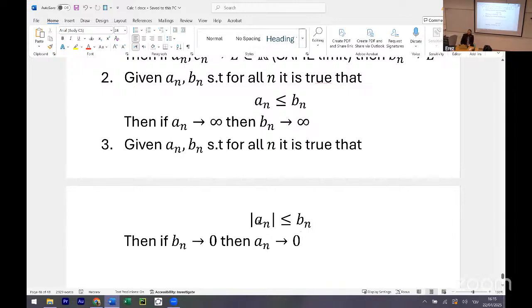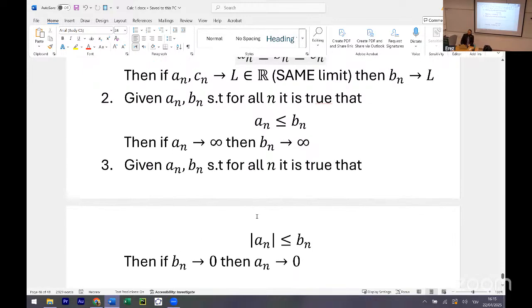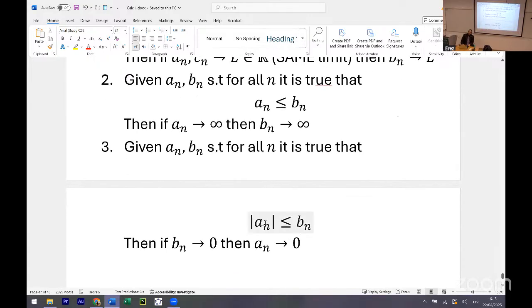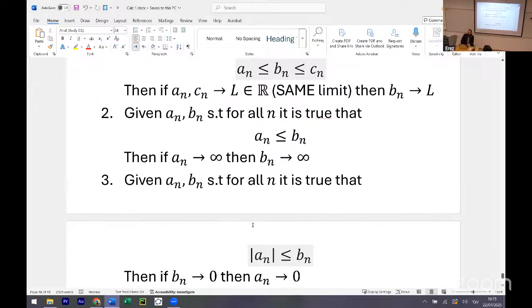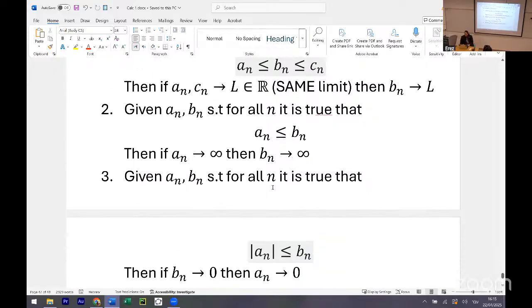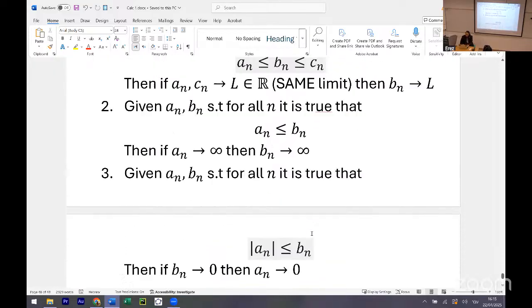And 3 is easy thanks to 1, because you can say that AN is between minus BN and BN, but I state it because it's super useful. And 1 and 2 are quite easy to prove. I leave it for you as an exercise.